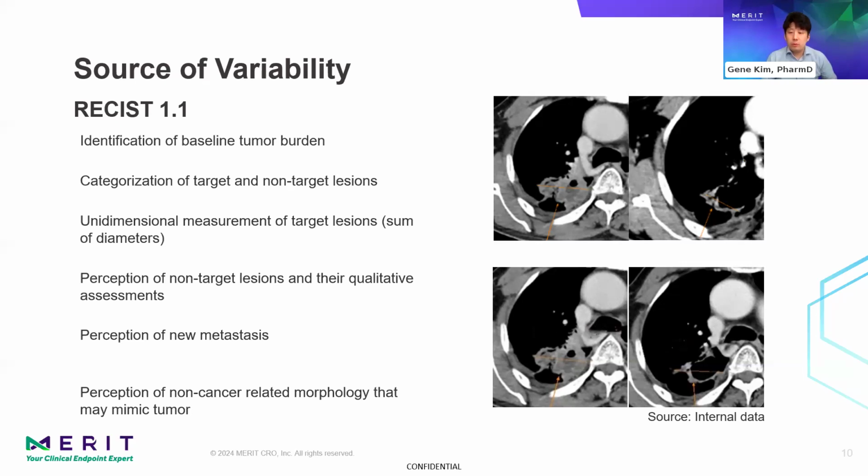Also, when all tumor burdens are identified, reviewers may categorize a lesion into the target or non-target category in a different way. Of course, target lesions are assessed with measurement, and non-target lesions are assessed with qualitative assessment by the reader per RECIST 1.1. Across multiple time point longitudinal assessments, this variability can arise between the different reviewers as well.